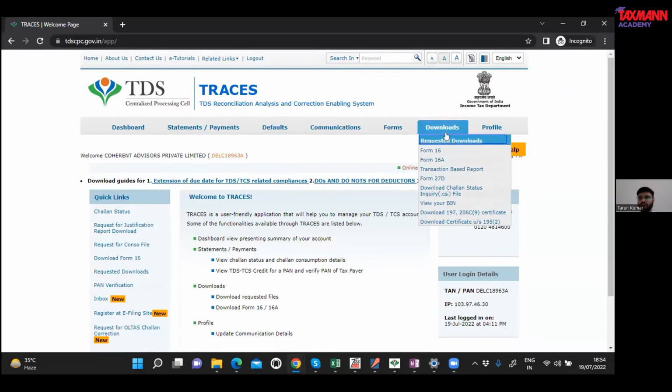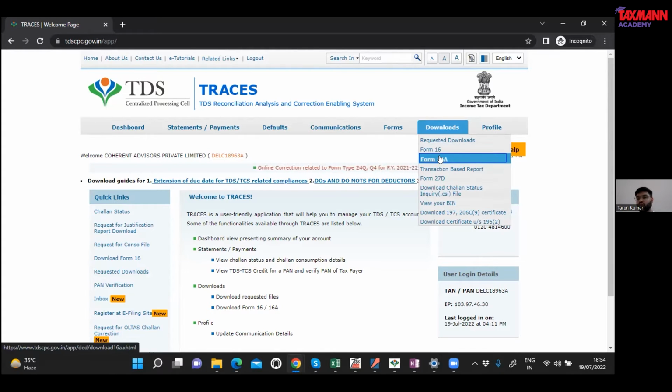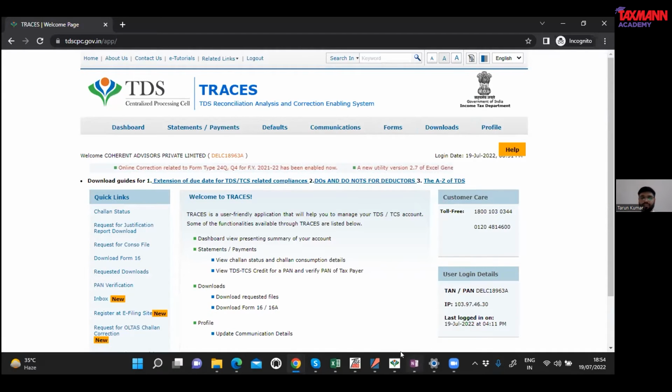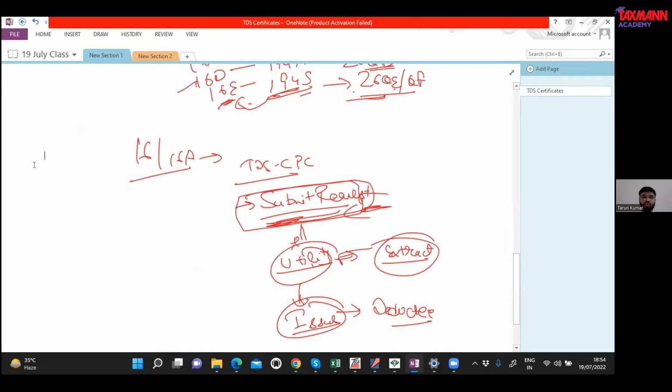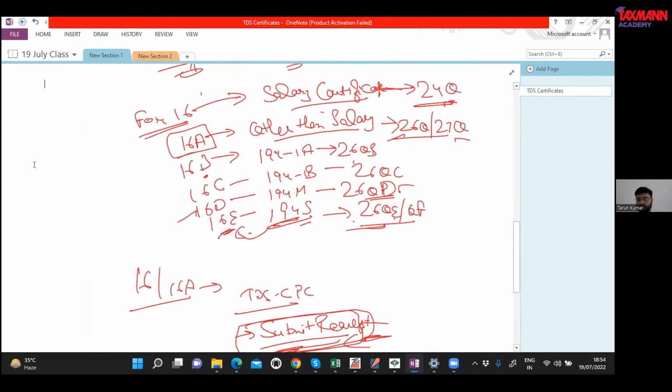You need to go to the download section and click on downloading form 16A or form 16, whatever you are downloading. And here is form 27D. So what is form 27D? These were the 6 types of TDS certificates.